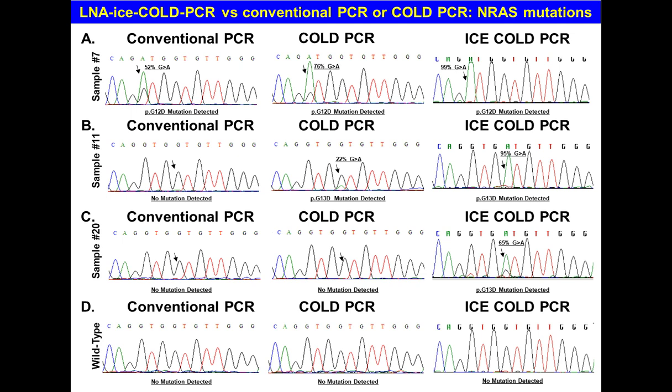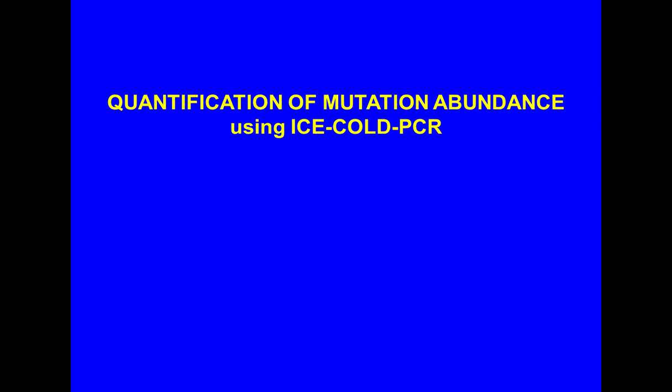And as you can see, there are cases where conventional PCR and the originally developed COLD-PCR don't resolve the mutation. It is a very low-level mutation, but it becomes clearly evident with ICP or ICE COLD-PCR. At the same time, the wild type remains wild type. That's always important to verify in such sensitive technologies.